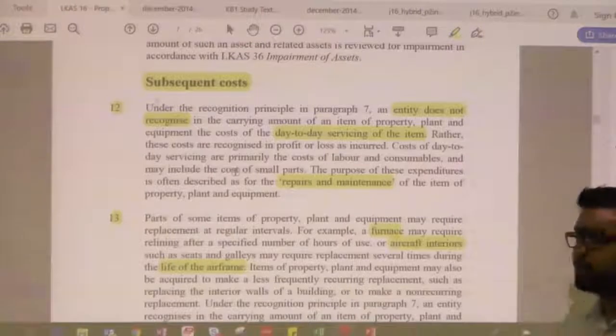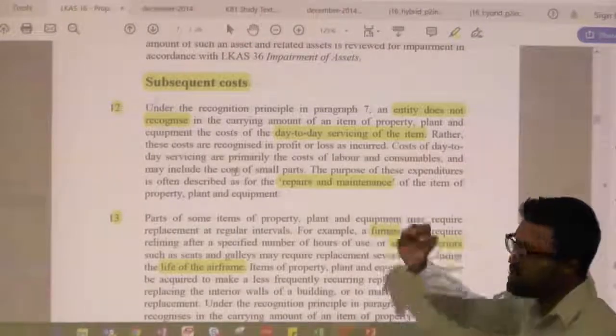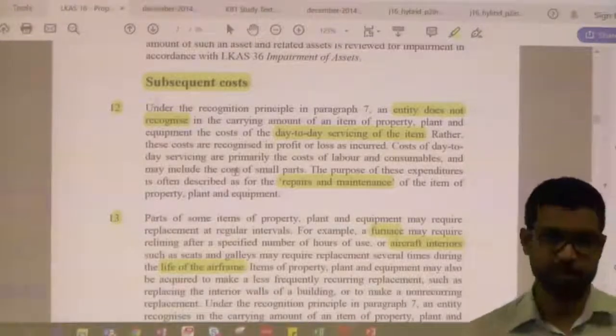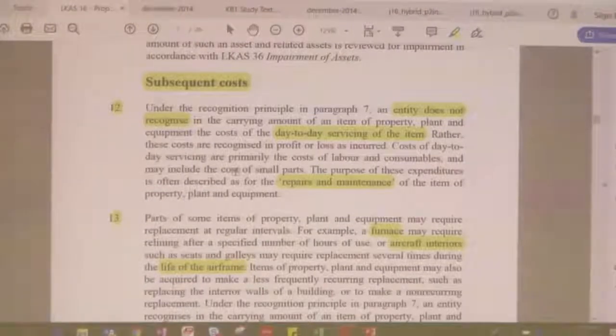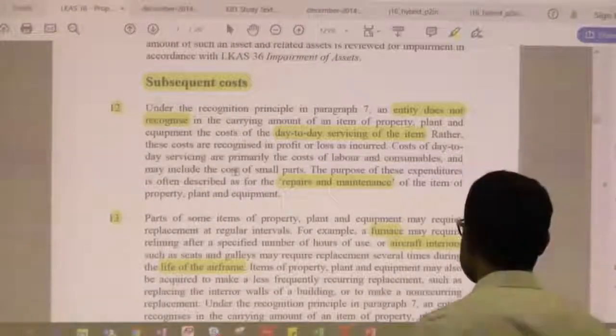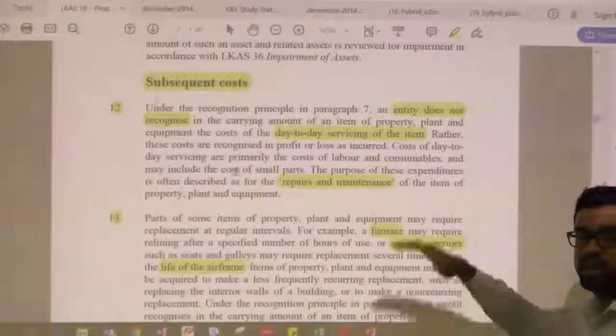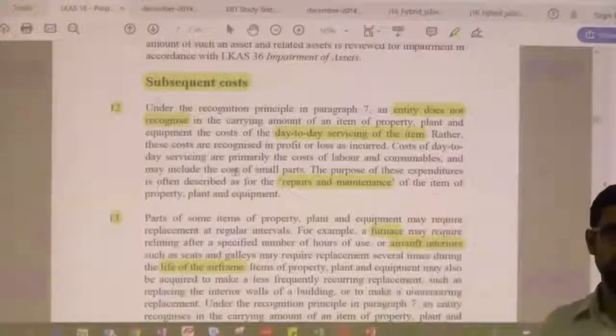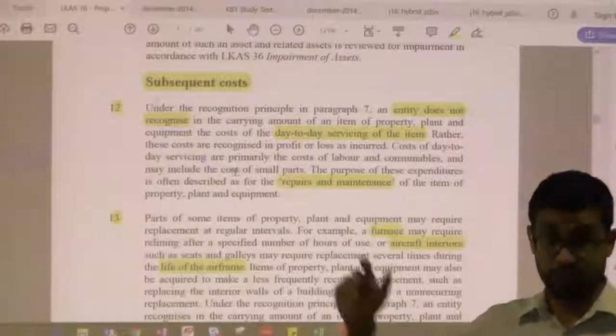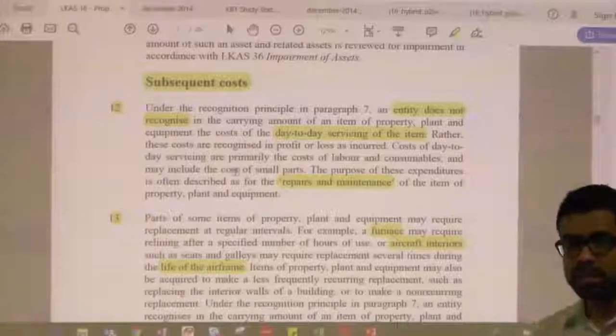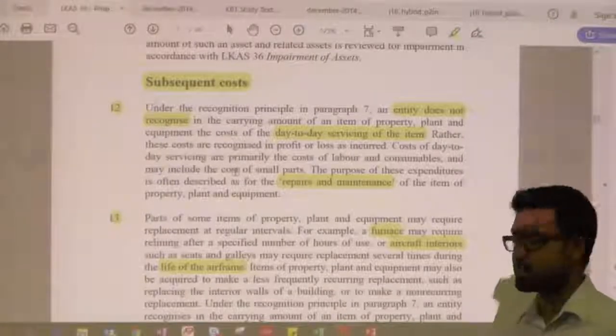thereafter, after a certain period of time, you may incur some other costs as well. Let's say you today capitalize one asset with the purchasing cost, non-refundable taxes, import duties, delivery cost, and dismantling cost, and you value the present value of it. All these things considered, you capitalize one asset today.